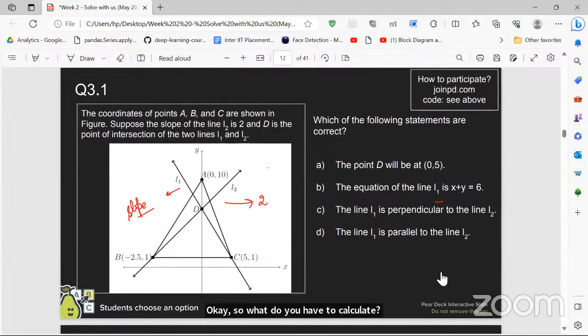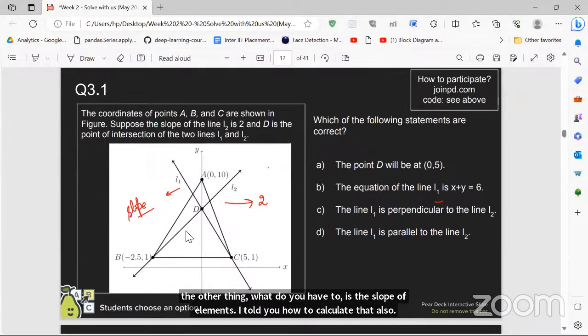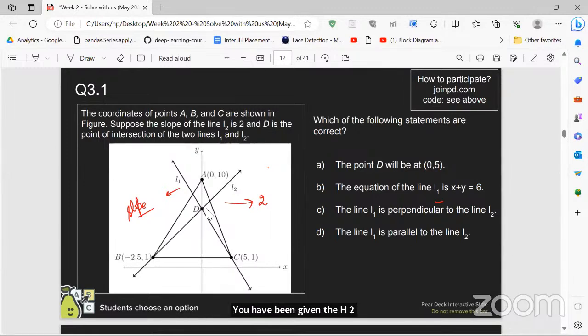You have been given the slope of L2. You already know that L2 passes through B, so you can get the equation of L2. Similarly, once you know the slope of L2, you can get the value of D. If you have D and C, then you can calculate the equation of L1 also. Then you can get the slope of L1. Now you can check after that whether L1 and L2 are perpendicular to each other or not.